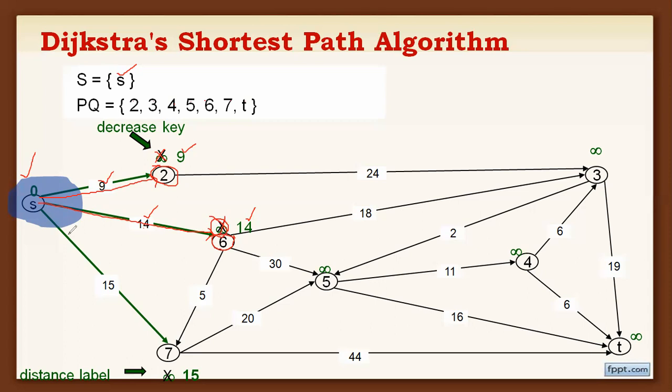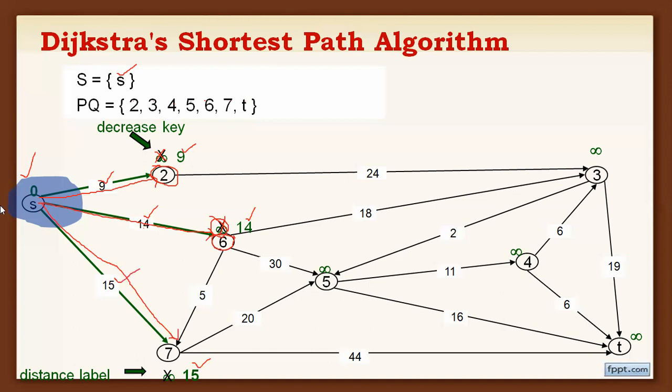Next, consider the shortest path from source to vertex 7. There is a direct path from source vertex S to destination vertex 7. The cost is 15. Now compare 15 with the existing cost infinity. The minimum one is 15, so that is considered.